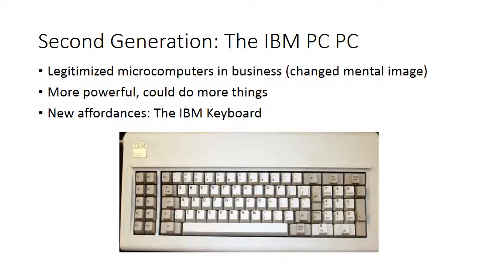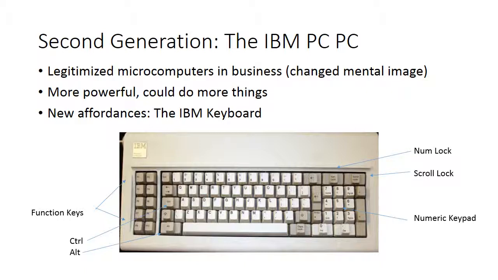And so it came up with these programmable function keys that would allow programmers to tie specific operations to programming keys, and then the user could simply select the function key and do things that they would not have been able to do before. It also had other keys that were useful that expanded our mental model of what computers could do.